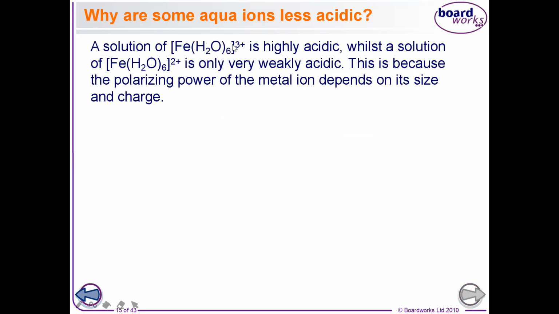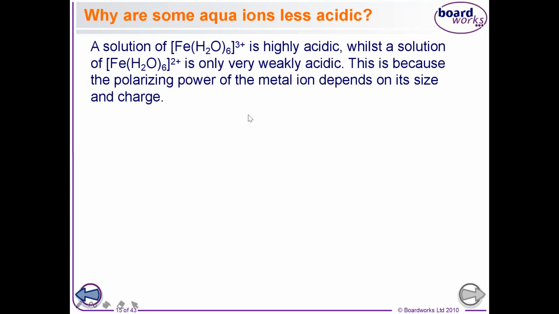Now, why are some aqua ions less acidic compared to the others? Suppose we have a solution of iron 3 plus, which is highly acidic, whilst a solution of iron 2 plus is only very weakly acidic.